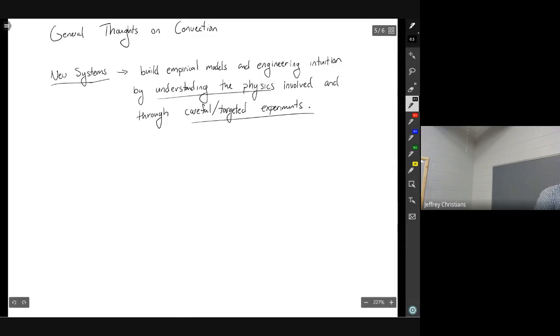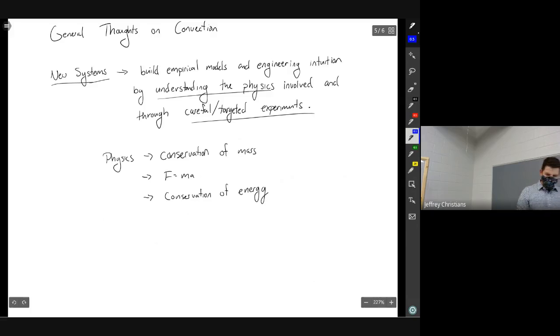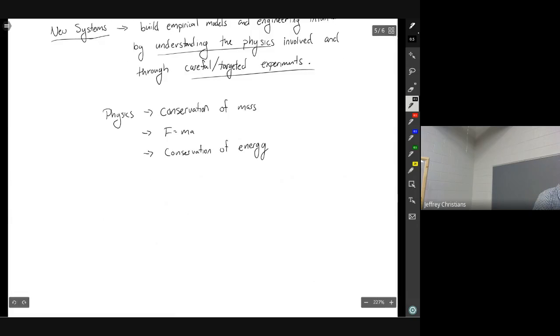Right. So for the physics, we're looking at things like conservation of mass, F equals ma, conservation of energy, things like u star du star dx star plus v star du star dy star.